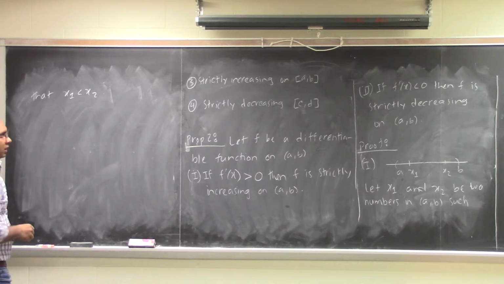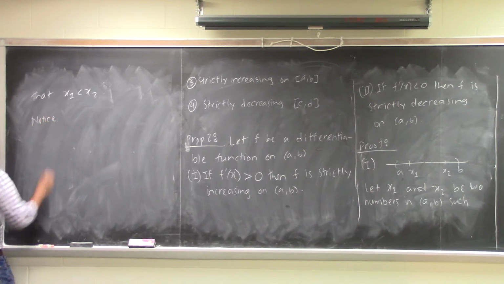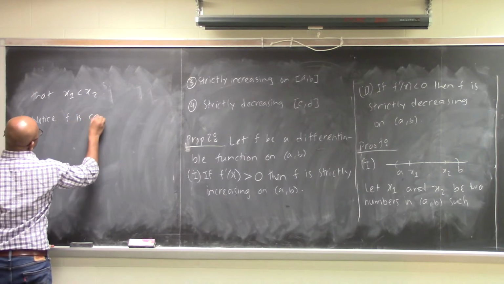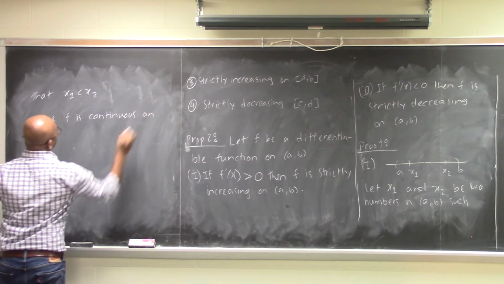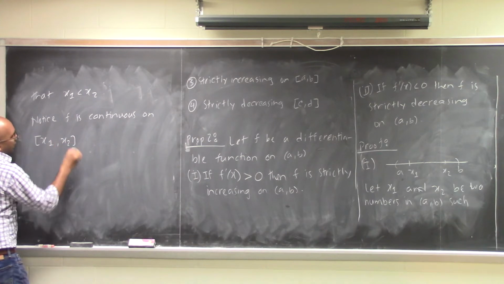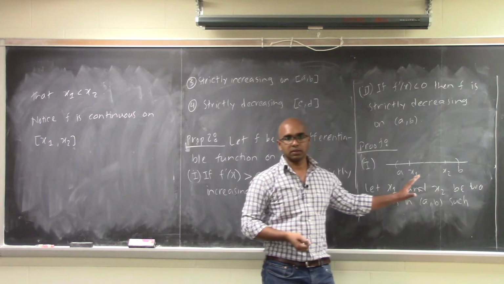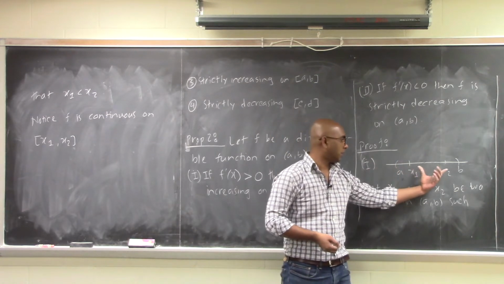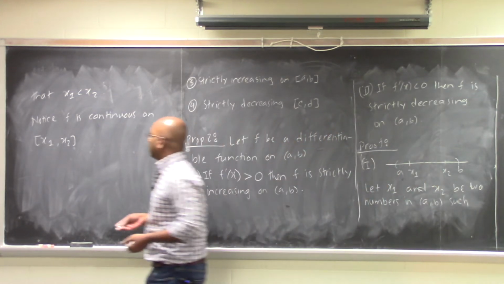Notice it is the same argument, the mean value theorem argument. Notice f is continuous on the closed bounded interval x1 to x2. Why? Because my function f is differentiable at every point on this interval a to b, and so it is continuous and differentiable, and so in particular it is continuous on that tiny portion inside that, right?